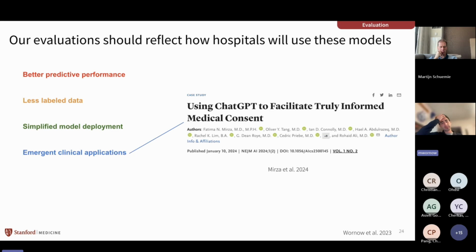The fourth big benefit we saw when we looked at the literature of foundation models in other fields and in healthcare were what we called emergent clinical applications.